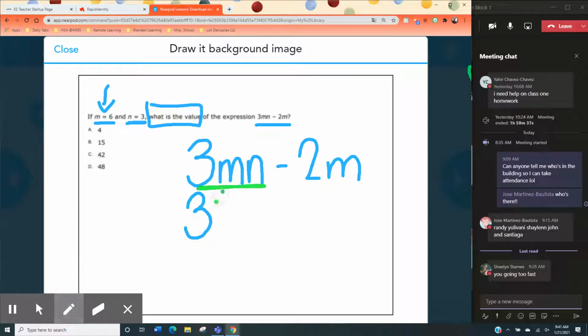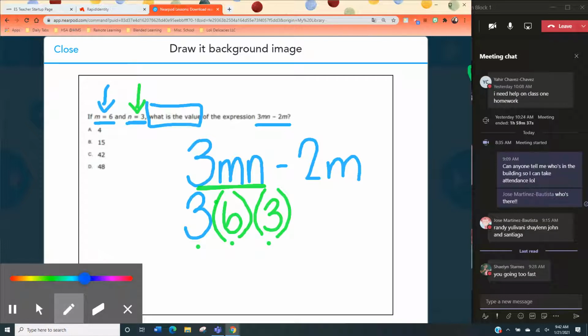So now I'm going to have 3 times 6 because 6 is replacing my m, and 3 is replacing my n. So it's 3 times 6 times 3.